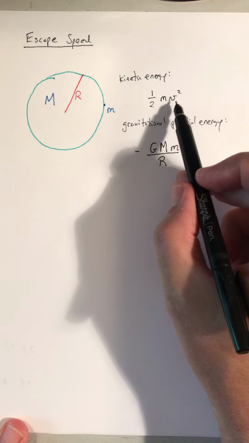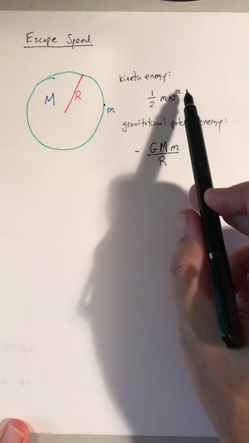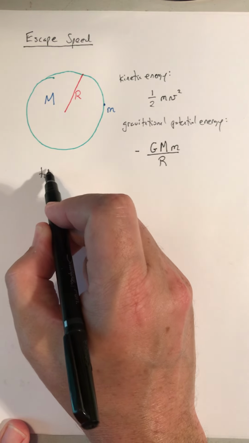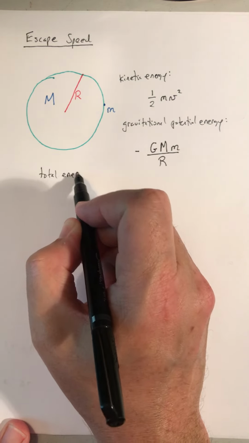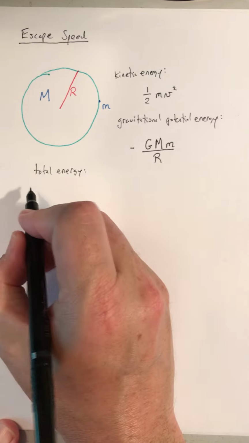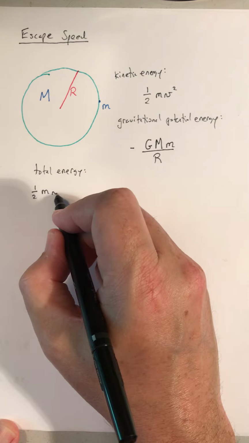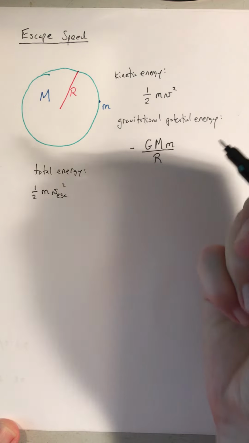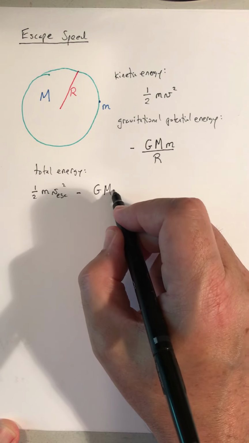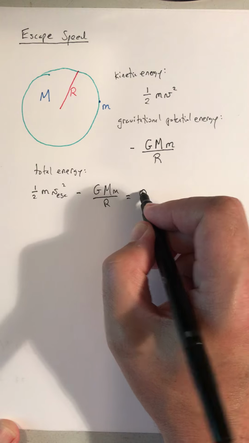And if the object is moving at its escape speed, then the total energy, which is kinetic plus gravitational, is 0. So at the escape speed, half m v escape squared minus G big M little m over R equals 0.